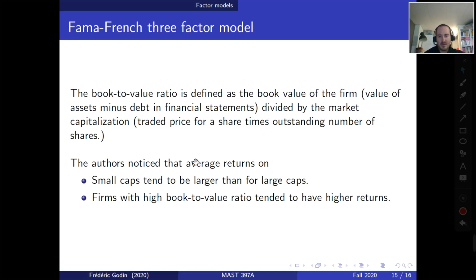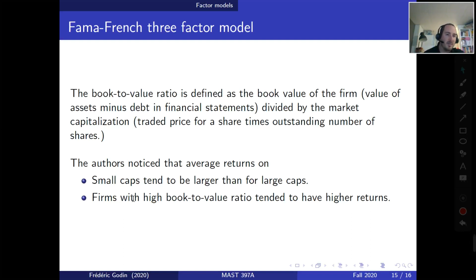The authors noticed that on average, small caps tend to have larger returns than large caps. This makes sense because small caps are less well established, so they are more risky. If there's a crisis, they might be more vulnerable, so they are associated with more risk.